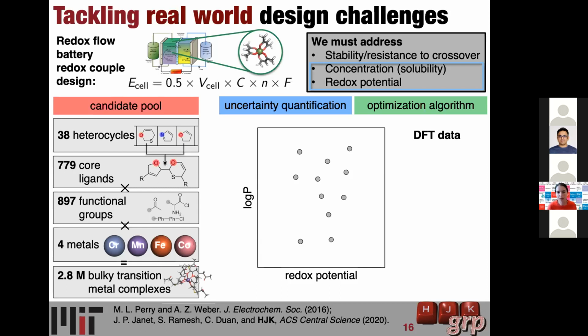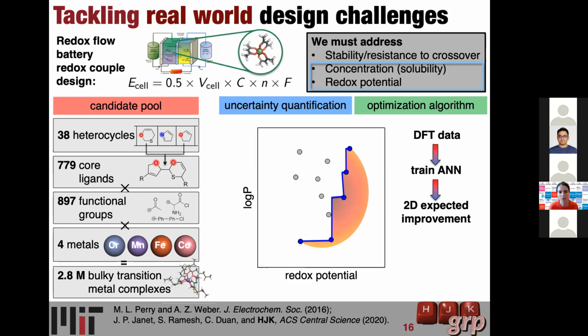It takes us probably a couple of weeks to get a couple hundred points. We train a neural net and ask it what it thinks of the space. And then, if you're not familiar with 2D expected improvement, we go out and pick out points that are both uncertain and most promising in the space and use that to go back and collect new DFT data, and active learning and so on.